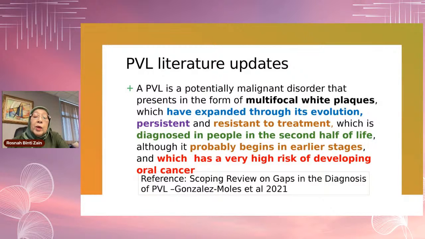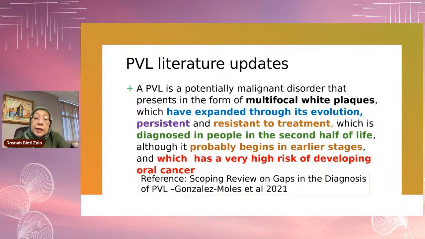So what I wanted to put here, after all those criteria, is what I find most interesting: we can now say that proliferative verrucous leukoplakia is a potentially malignant disorder that presents in the form of multifocal plaques. That's number one that we have considered, which expand through its evolution, and that has also been mentioned in one or two of the criteria.